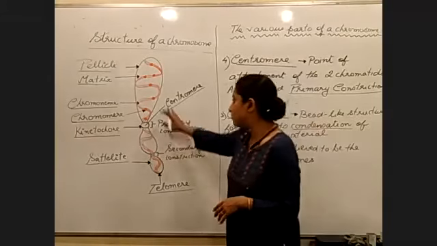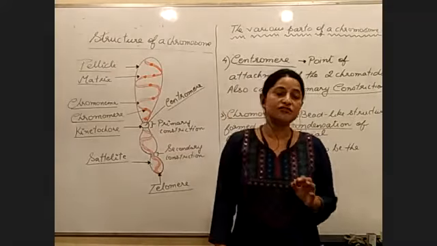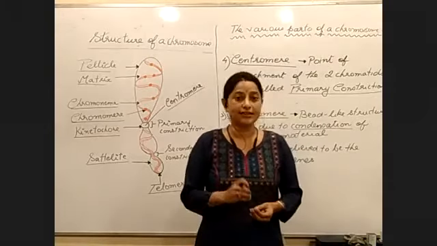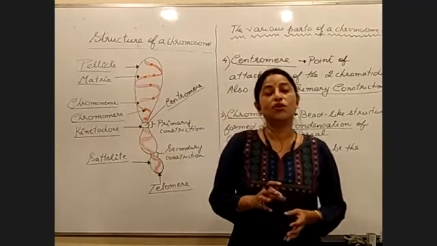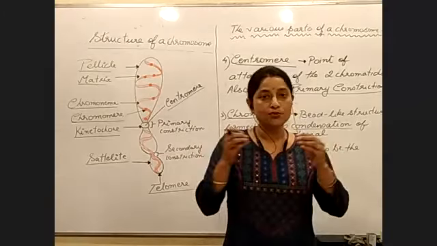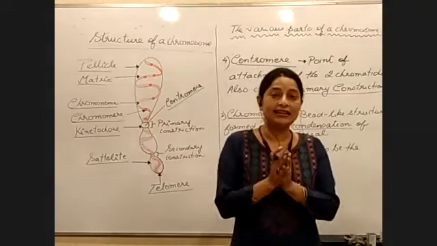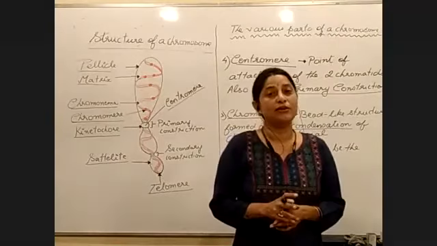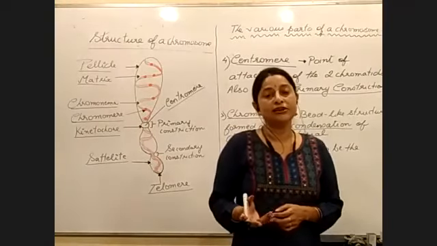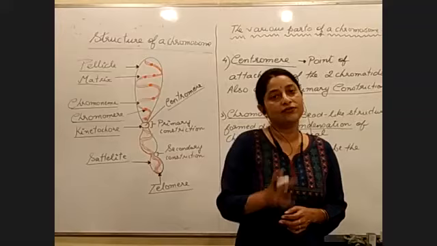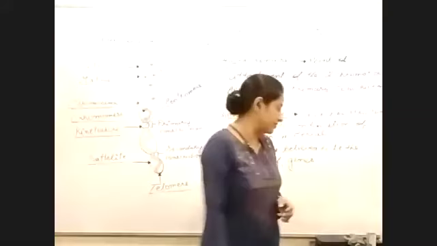So what is the centromere? The point where the two chromatids are attached is called the centromere. That attachment point is a narrow area, which is also called the primary constriction. So the primary constriction is nothing but that area of the centromere.